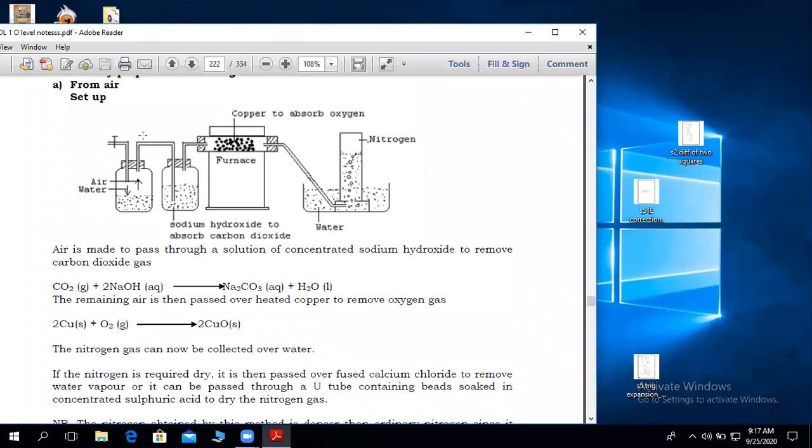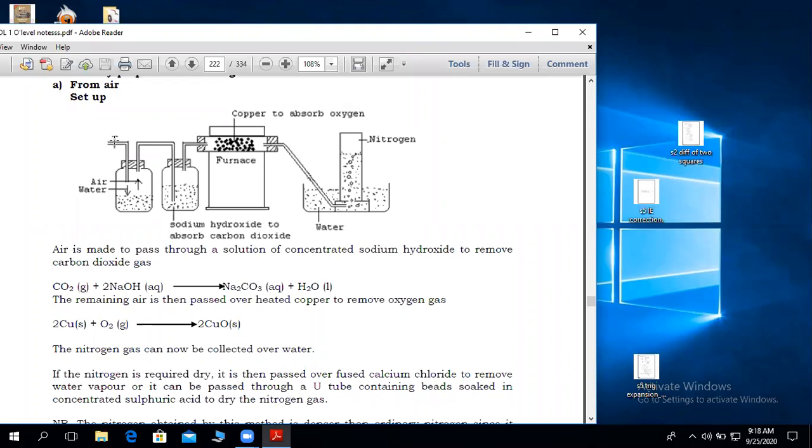So let us look at this. We have a sample of air, and the sample of air contains carbon dioxide, oxygen, nitrogen and rare gases.